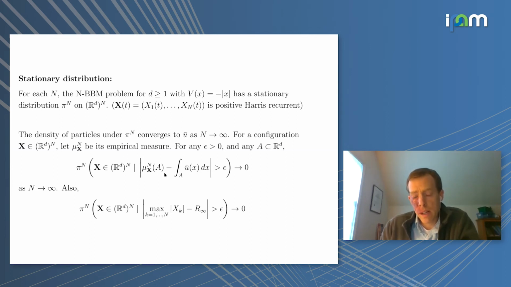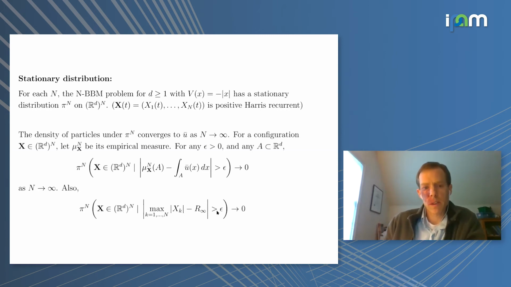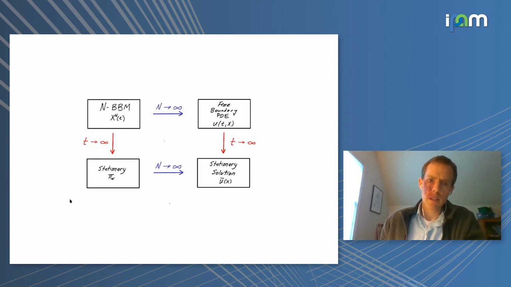The probability that that is larger than epsilon goes to 0 as n goes to infinity. And similarly, under this measure, the probability that the maximum differs from R infinity by more than epsilon goes to 0.